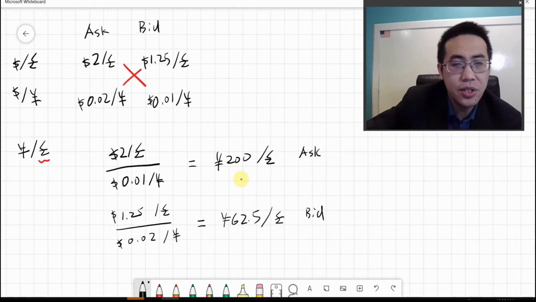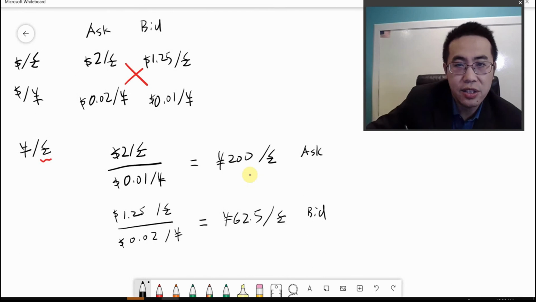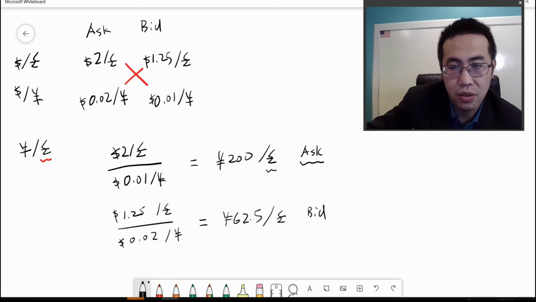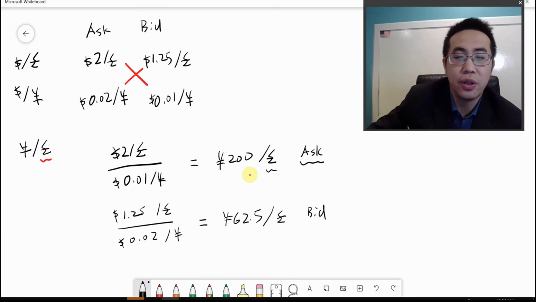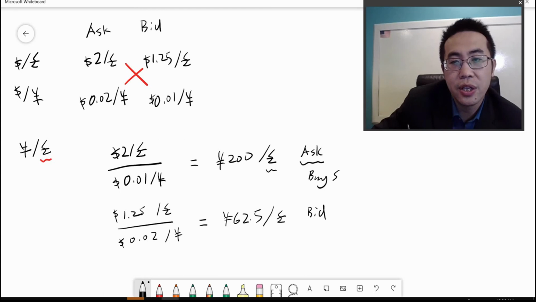All right. So once again, ask is about buying something. And what currency are you buying here? You always buy the currency to the right of the slash line. So the currency we're buying, in fact, is a pound. So you are buying British pound, and simultaneously selling Japanese yen.